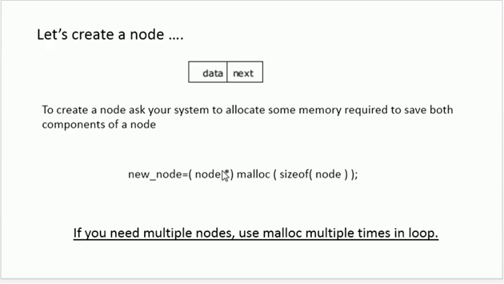I'm naming this node as new node. So I'm going to create a node using malloc, and I'll get back one address, and that address will be represented by new node. So this is how we create a node. And if I need multiple nodes, it means I need to write this malloc function multiple times, and probably I'm going to write it in the form of a loop.